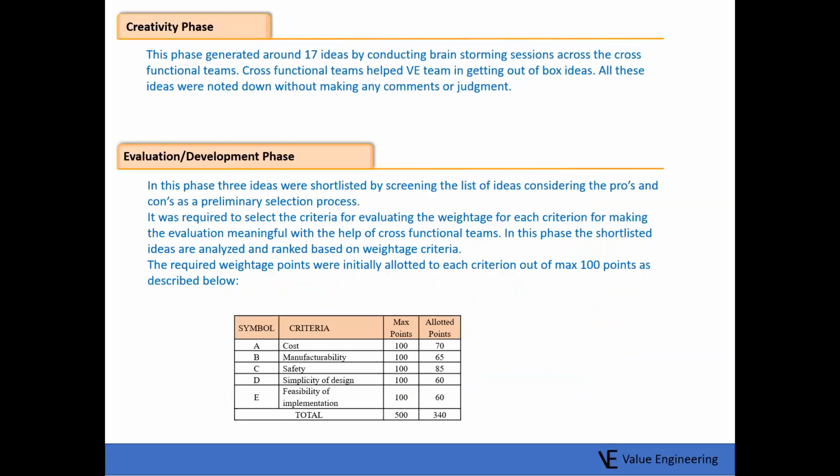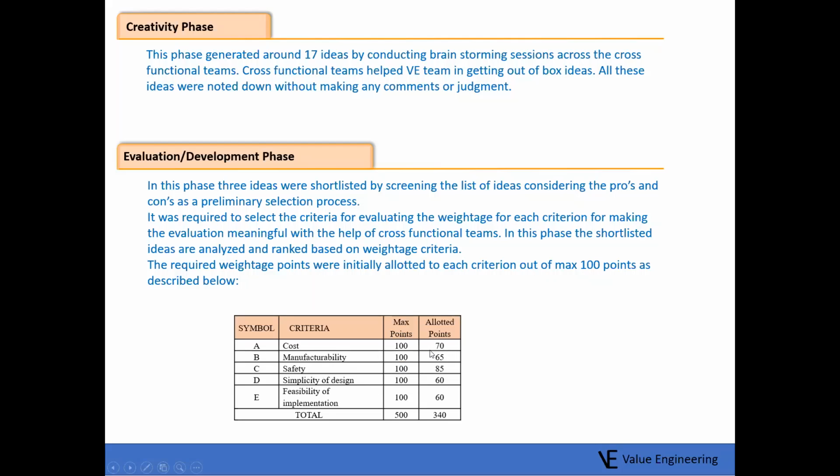So in the creative phase, we generated these 17 ideas and noted down everything. Now, in the next phase, evaluation, we are evaluating our ideas. And for that, what are the criteria? On a maximum of 100 points, we have allocated points here, like cost.